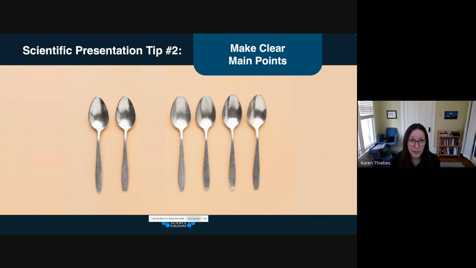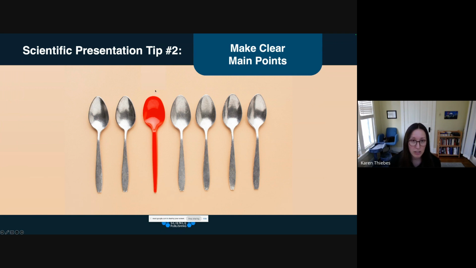Okay, now, my favorite way to make clear points is to use the idea of spoon feeding, right? So for scientific information, especially with slides, it's helpful if you use animation to pull things in. Now, it doesn't have to move across the screen.